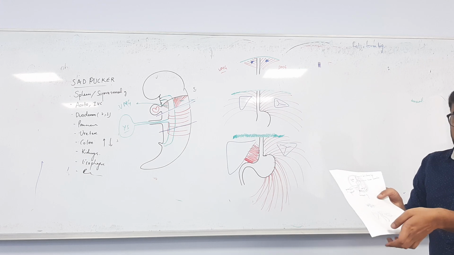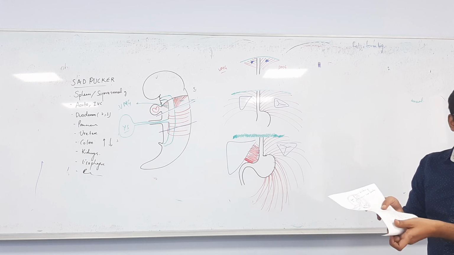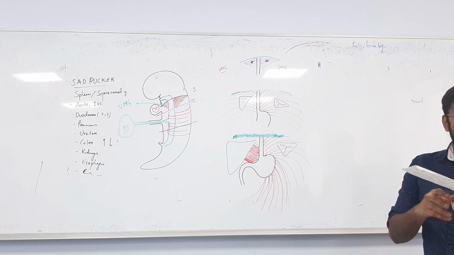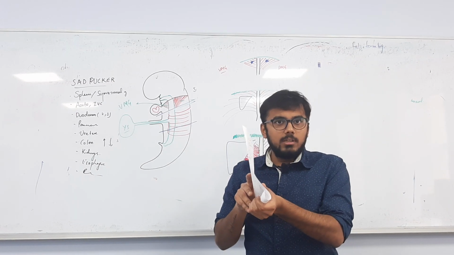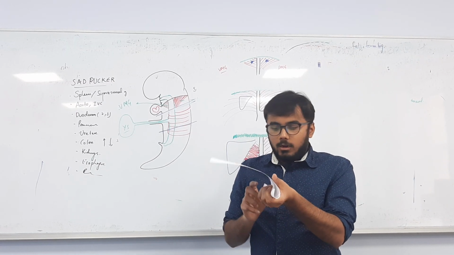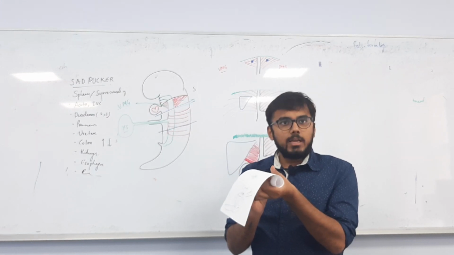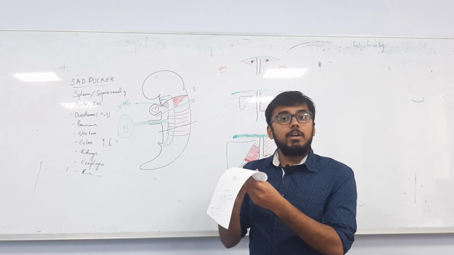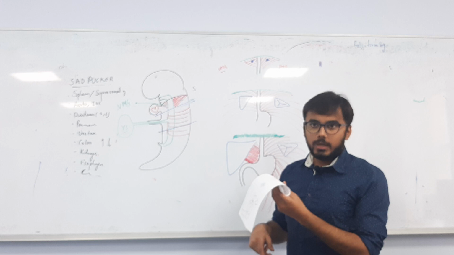In the bottom region, this right fold loops inside like this. Clear? It loops like this, and it forms a narrow pipe-like thing you see here, right? Now this entire looping of the right fold of ventral mesogastrium has converted into the hepatoduodenal ligament. Okay?